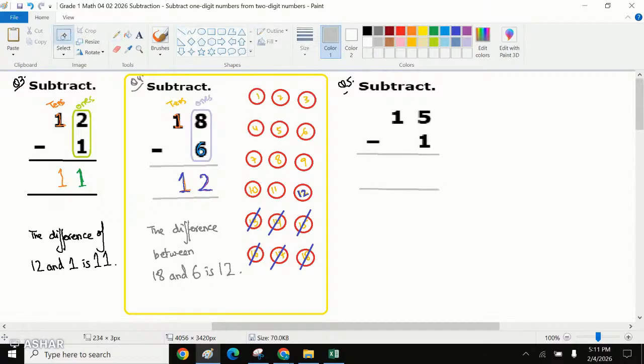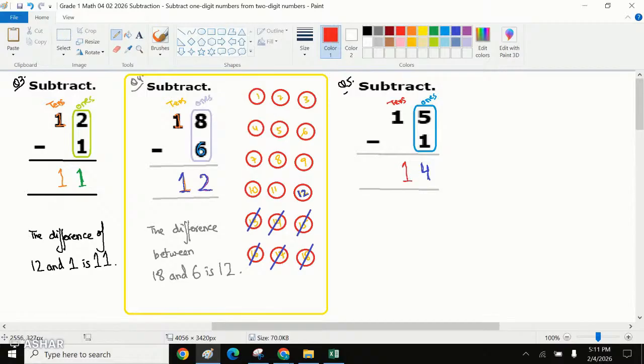So can I say, I'll just simply copy this. Which ones are the ones? We can say 5 was the ones and this was the tens. So when we subtract the ones, that means 5 minus 1, and we know that 5 minus 1 is 4, agreed, and the 1 comes as it is.